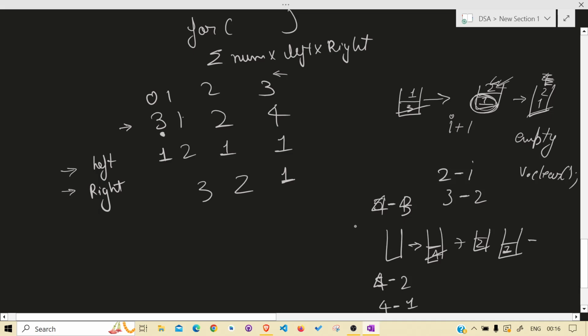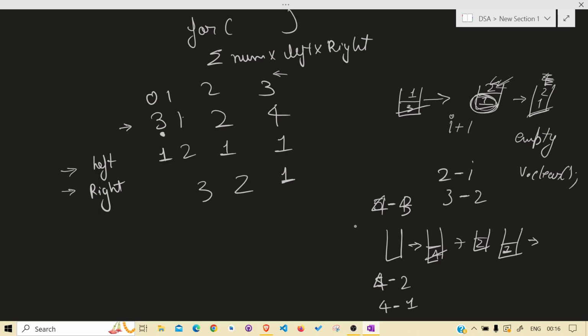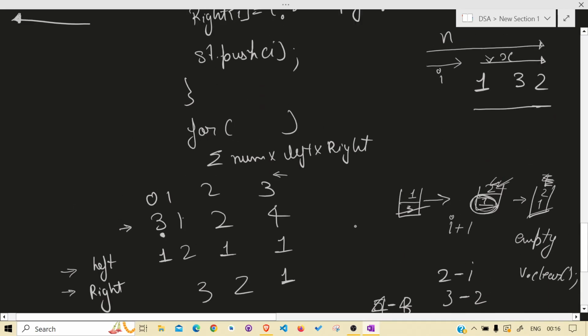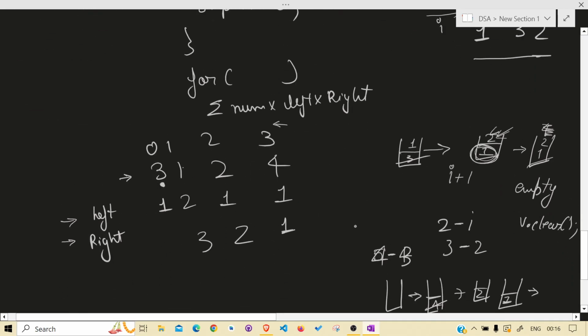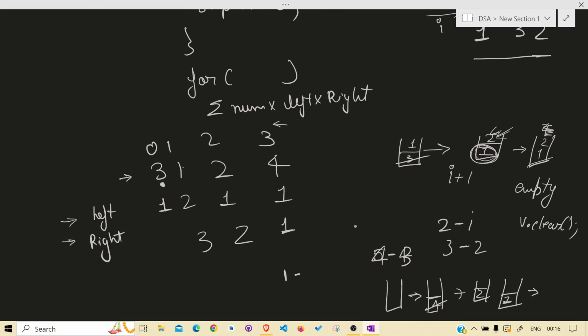1 is pushed. What will happen again when 3 is processed? Top is smaller, nothing will be popped. Something is on the top. Then what we will be doing is st top: top is 1 minus the current. What is it? 1.